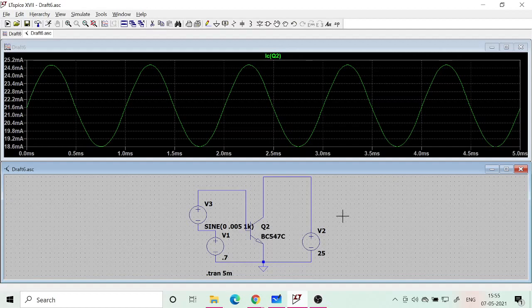Now coming to the final part, which is introducing a resistor in the output circuit. I should not have disconnected it, so I have to stop the simulation.